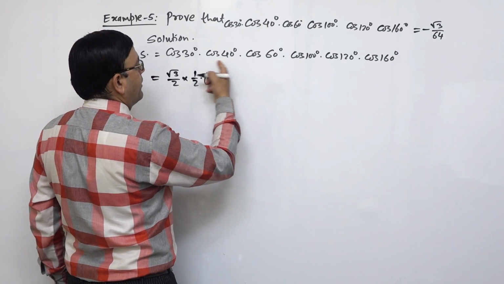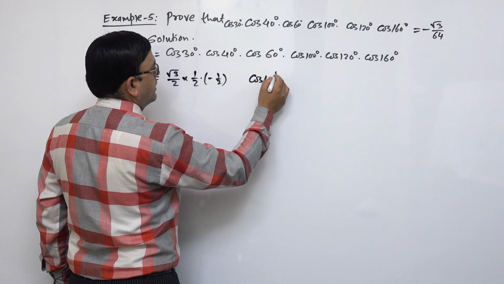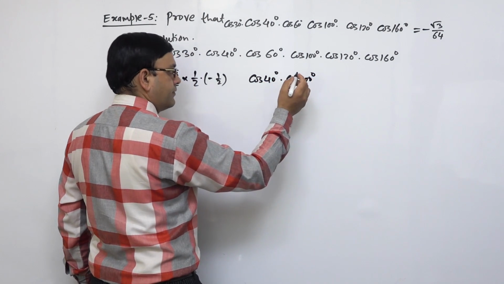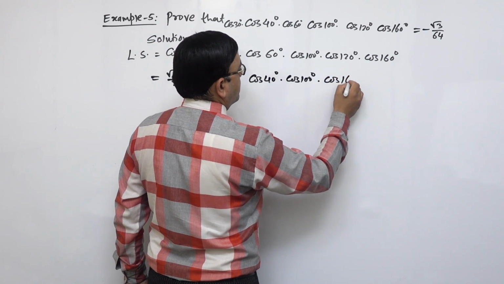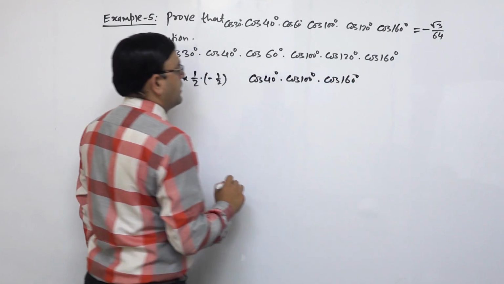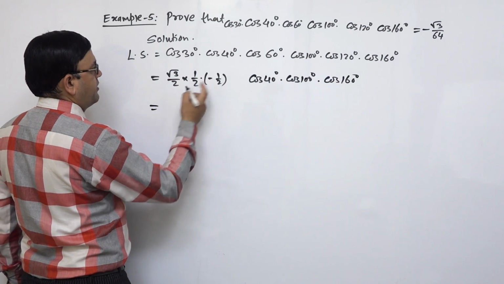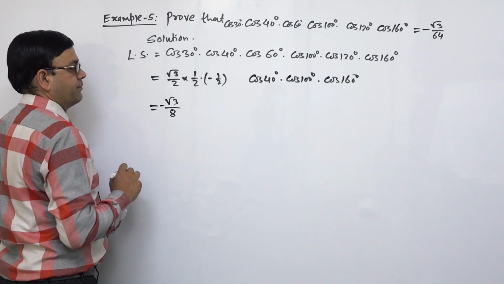Now we have cos 40 degrees times cos 100 degrees times cos 160 degrees left. So this is equal to minus root 3 by 8.